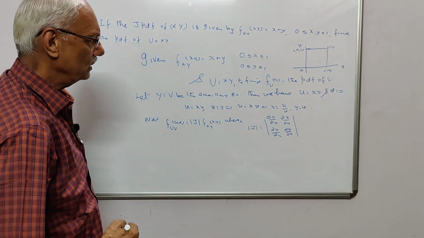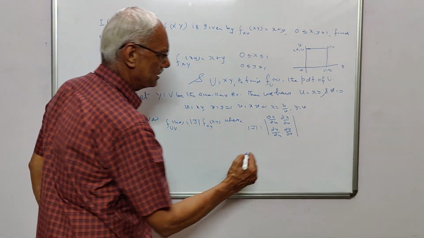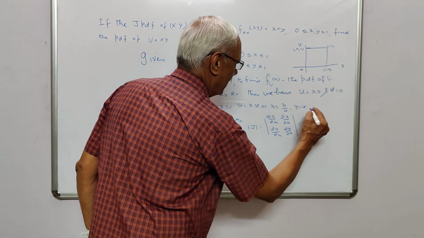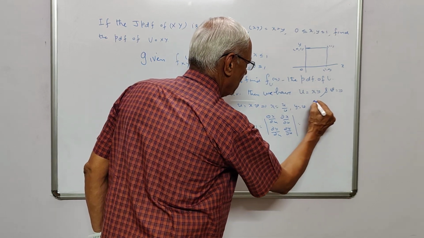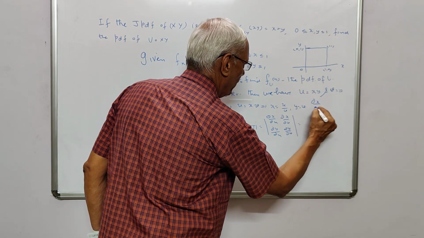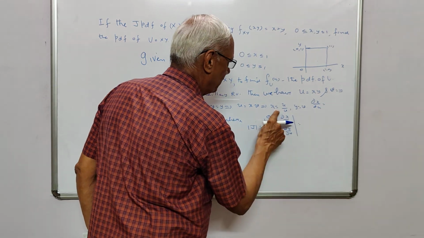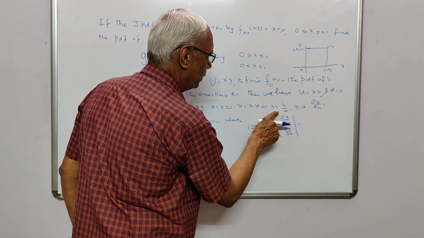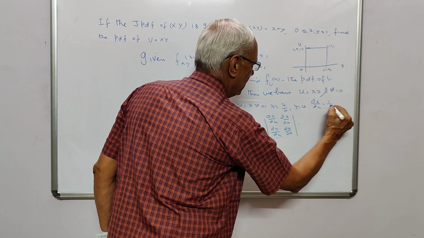Now you can get here, what do you get? I'll write here: dou x by dou u, differentiating this with respect to u, is 1 by v.